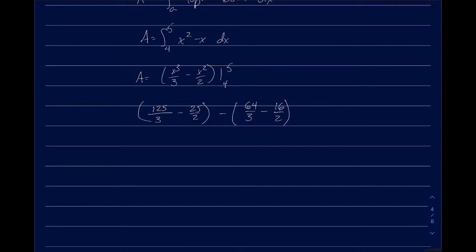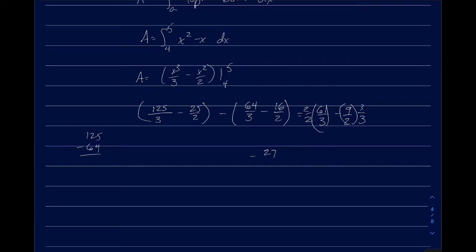And then we can clean that up a little bit. 125 minus 64 is going to be 61 over 3. And then negative 25 plus 16 is going to be negative 9 halves. Multiply this whole thing by 2 over 2, this whole thing by 3 over 3.